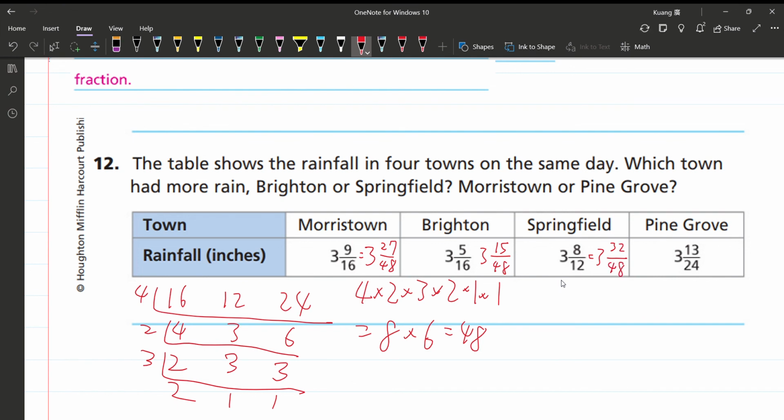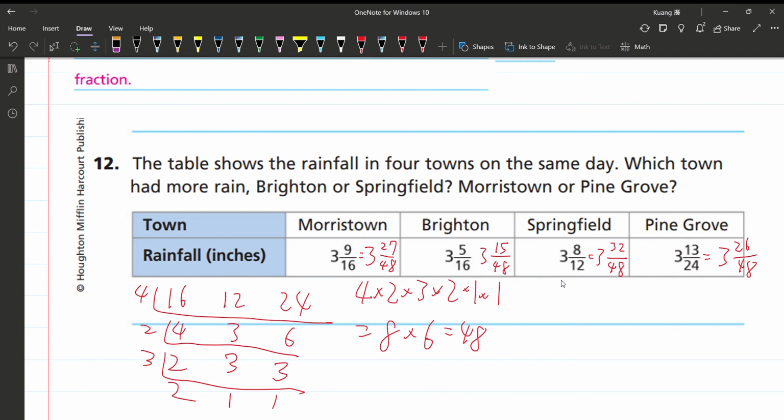And the last one times 2 over 2. Only the fraction part, right? So 26 over 48. And after they all have the same denominator, the one with the greatest numerator will be the greatest number. So 32 is greatest. So I say S town.